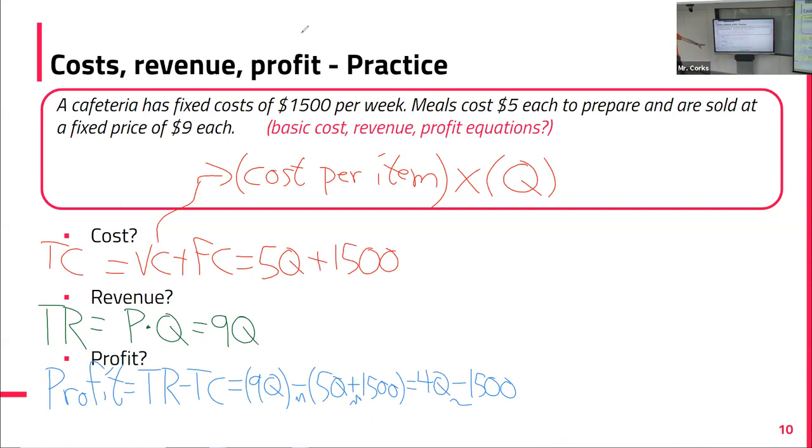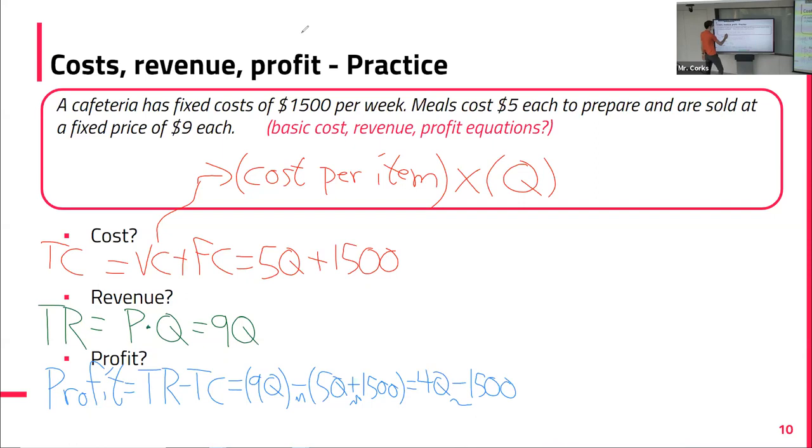Anytime you're looking at a profit equation, when you start a new business, you don't start positive, you start with a loss because you've spent a bunch of money to start up the business and buy the land or whatever. So the constant for your profit equations should always be negative, never positive. If it's positive, that means you've made money before you've ever sold anything, and that doesn't make sense. Okay, so there's our profit equation.